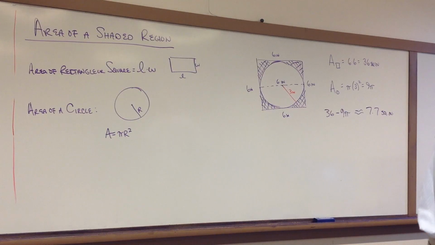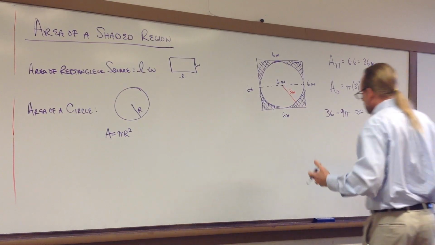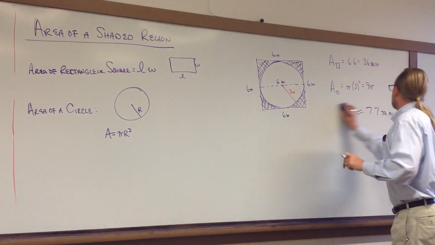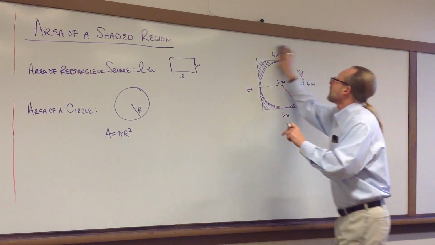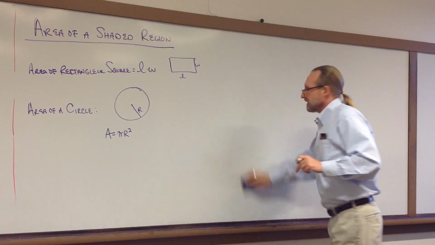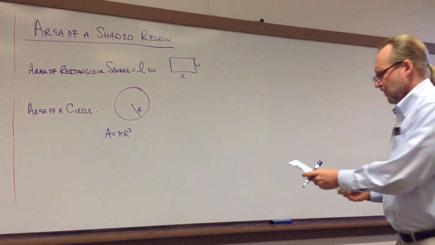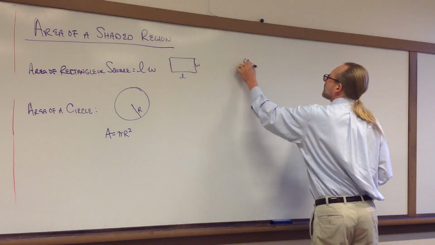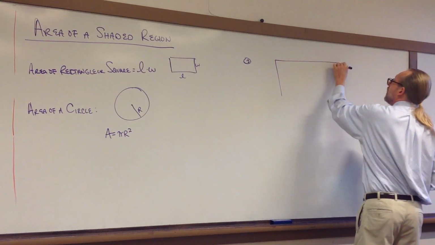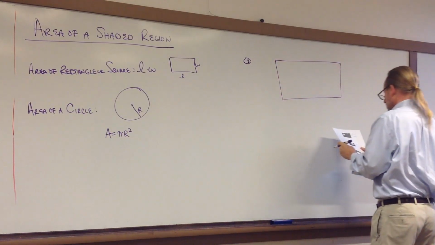Okay, so there are two examples to get us started thinking about these ideas. Let's start in and work with the problems in the assignment, or the even ones anyway. So problem 2, looks like we've got two rectangles here.